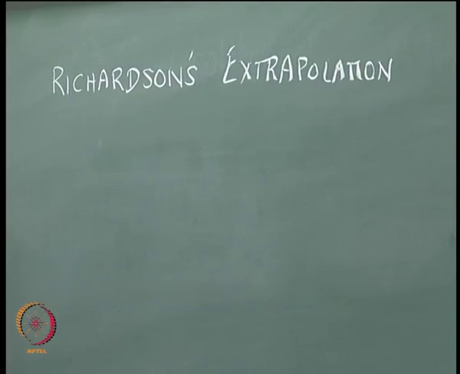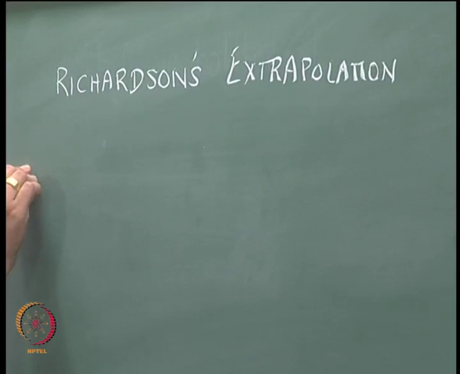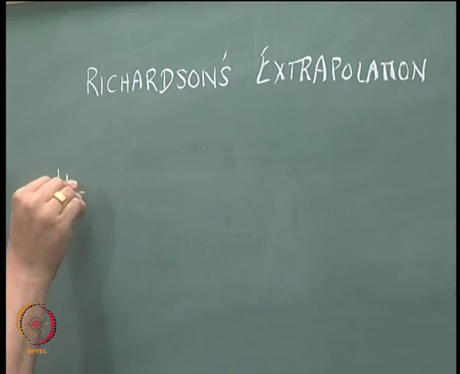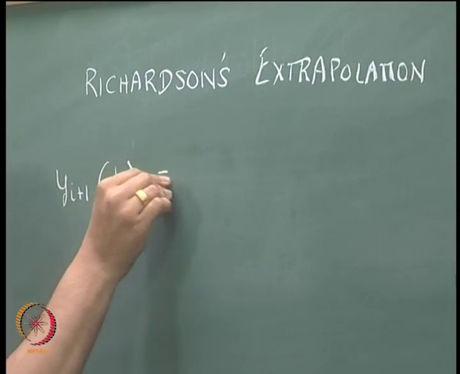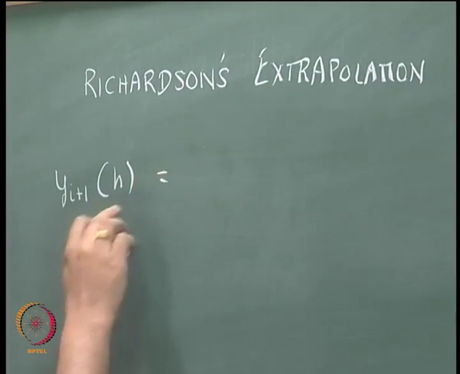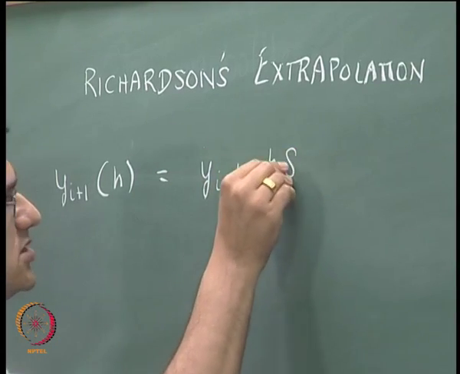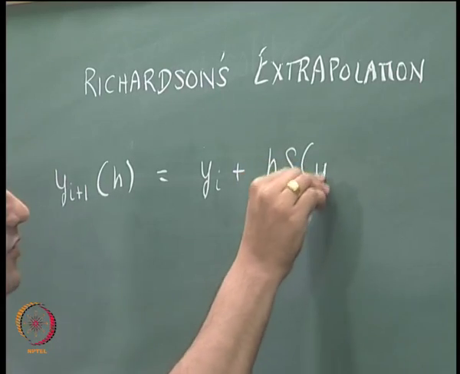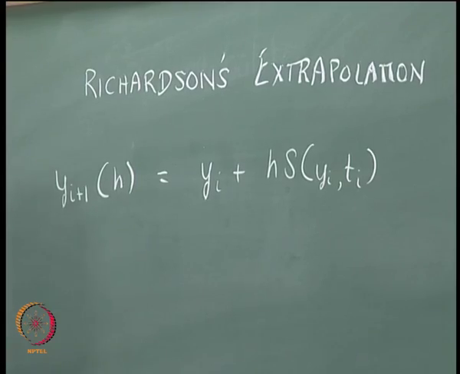is, starting with time ti, we used one iteration of the Runge-Kutta method, or any method for that matter of our choice, and from ti we go to ti plus 1. So within a single step we get yi plus 1 computed using a single step method as yi plus h times s of yi comma ti, where this is going to be any method of our choice.